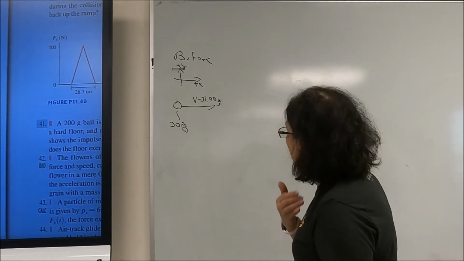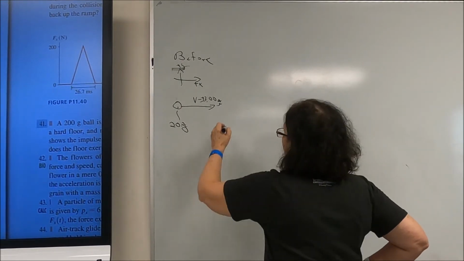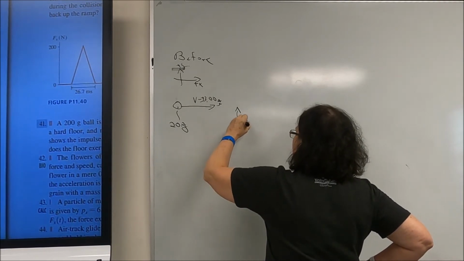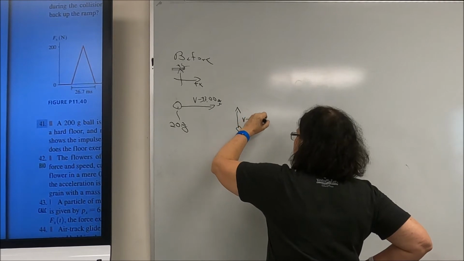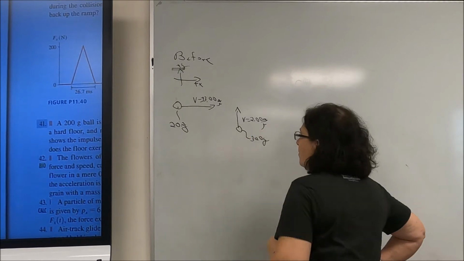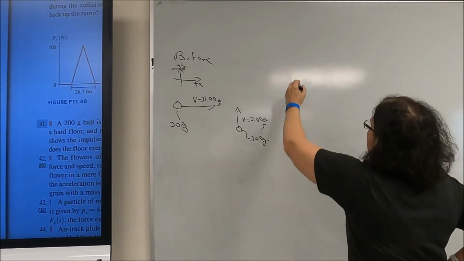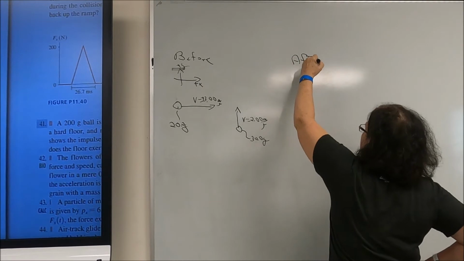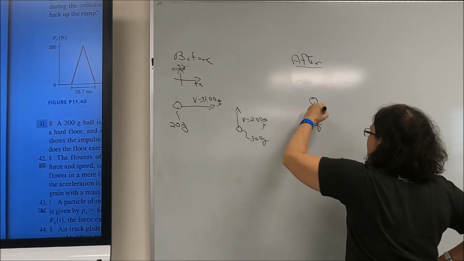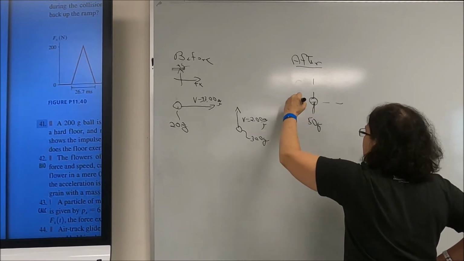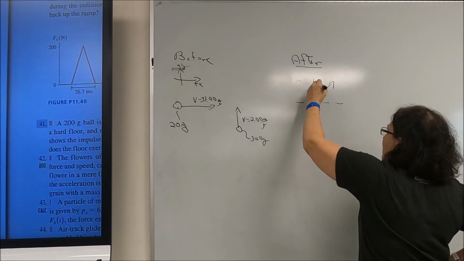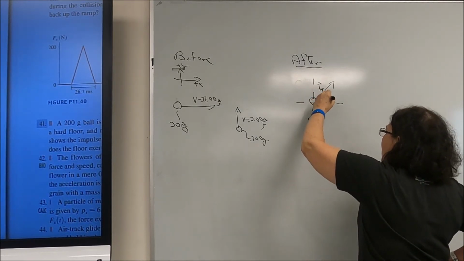East would be plus x. Okay, and our second ball is traveling due north. The velocity is 2 meters per second, and this is a 30-gram ball. After, okay, I've got one 50-gram blob, and it's going to be traveling in some direction like this, V final, at some angle theta.